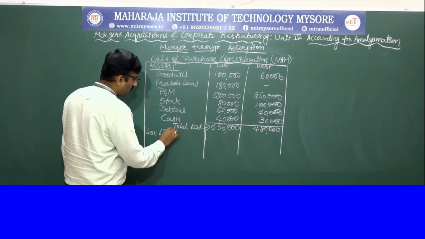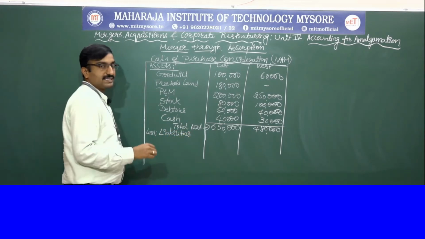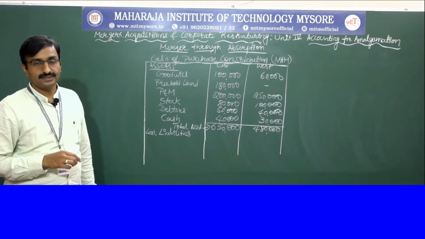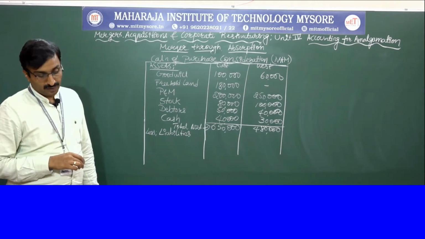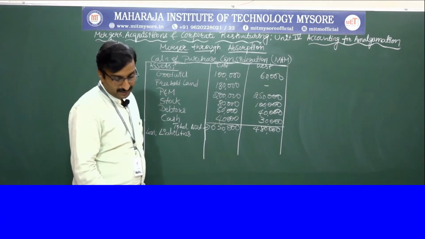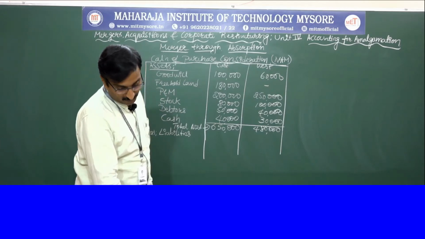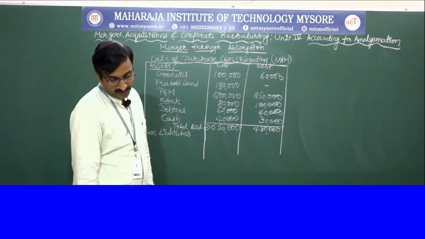Already I have told you while I was explaining the theory part of the PC calculation methods under net asset value method. So here, liabilities they have given, like some of the current liabilities we have to consider: short term liabilities, creditors and provision for depreciation, both we have to consider.